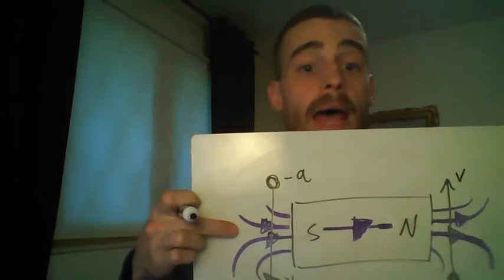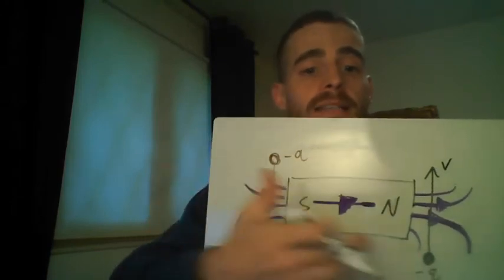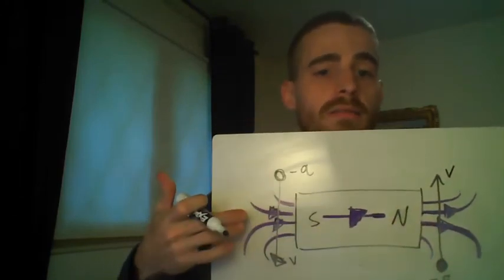Okay? And in the other problem you missed, I send a negative charge down near the south pole. Now, the direction of the magnetic field has not changed. It's still to the right. So be careful.